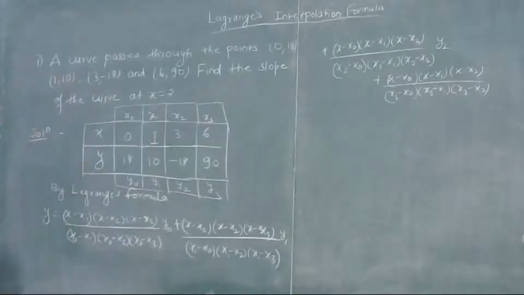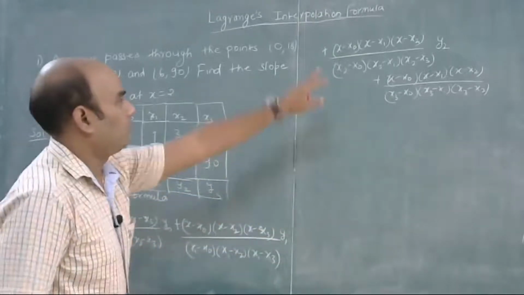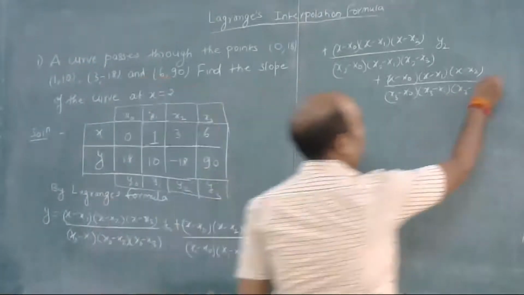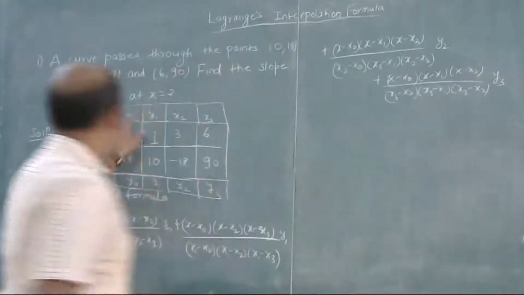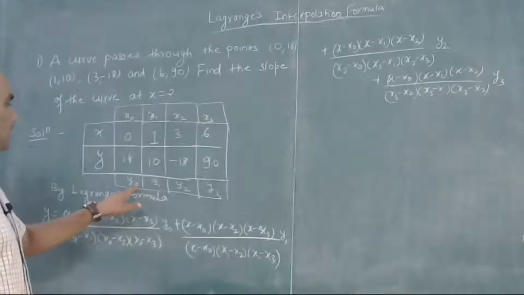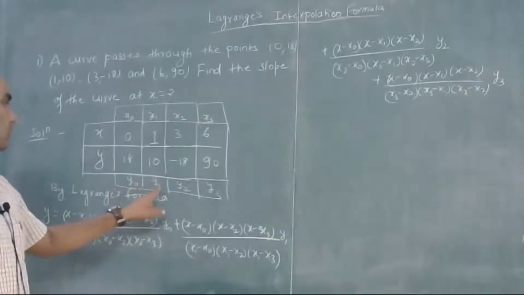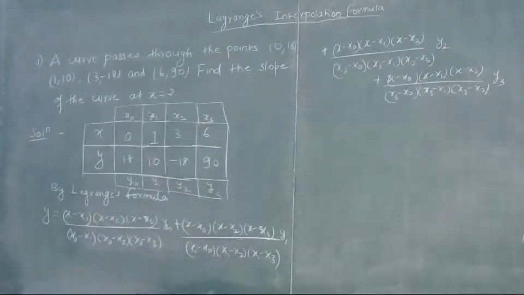So first you have to write this formula, and then substitute the values of x0, x1, x2, x3 and y0, y1, y2, y3 using this table.